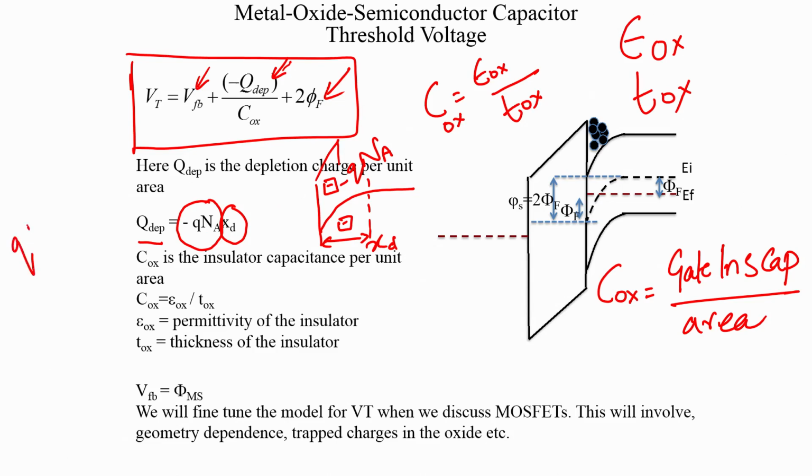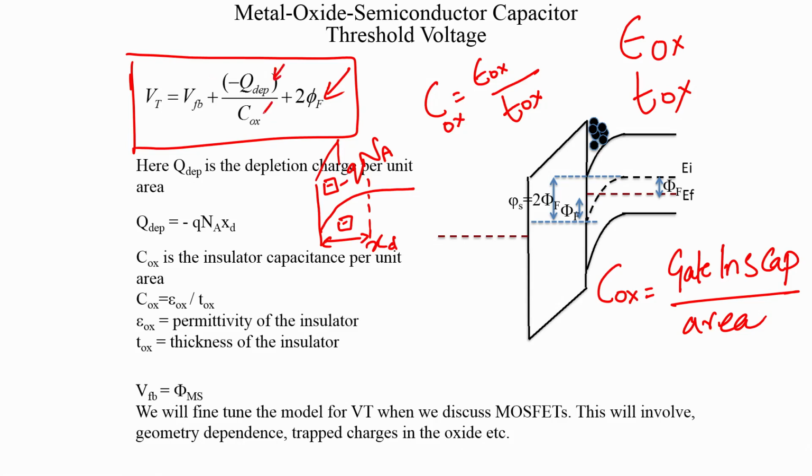If you had some area, minus QNA into A into XD would be the total charge present, because this is charge per unit volume, that is the area and that is the depletion width, but the charge per unit area is simply this term. So, that is your depletion charge. So, that is the amount of charge you need to put on the gate that is completely balanced by the depletion in the semiconductor. Okay.